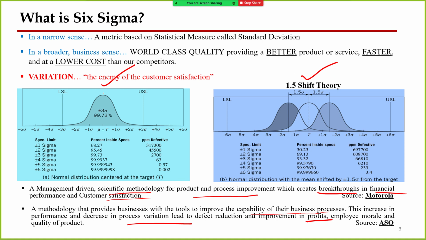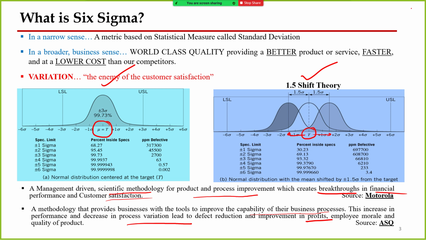As we have discussed, short-term means we are assuming that our process mean is hitting the target, whereas in the long-term perspective, we are assuming that our process mean is shifted up to 1.5 sigma level, either on the left-hand side or the right-hand side.